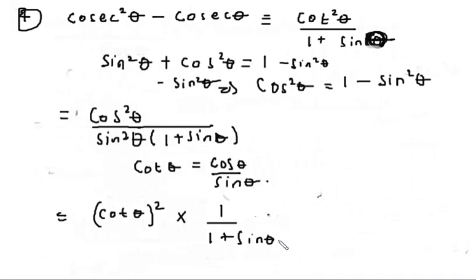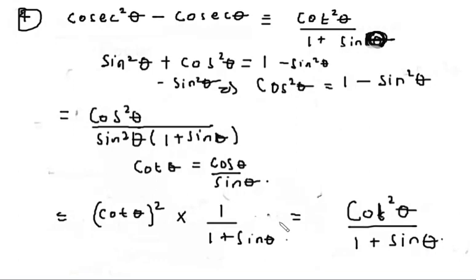So this is now equal to cot square theta divided by 1 plus sine theta. So we verified that the left part of the equation is equal to the right part of the equation.